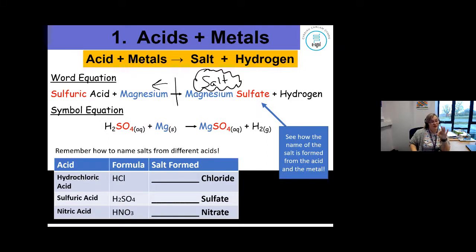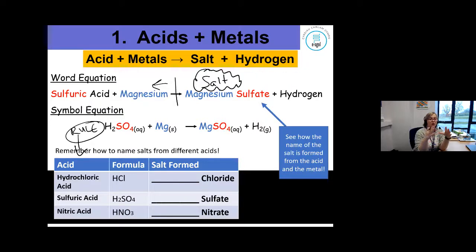This rule is the same for any salt. As I said earlier, the common denominator in all the equations was that S. Every one of the four equations I'm going to go over with you this evening has salt as a product. So this rule for naming a salt is a rule all the time.